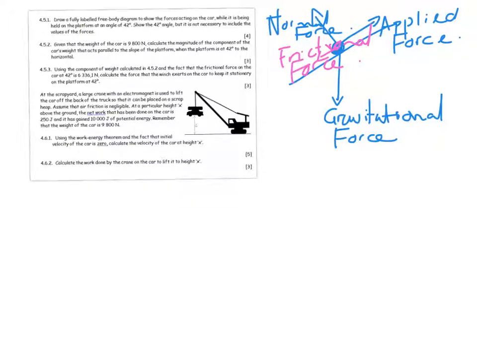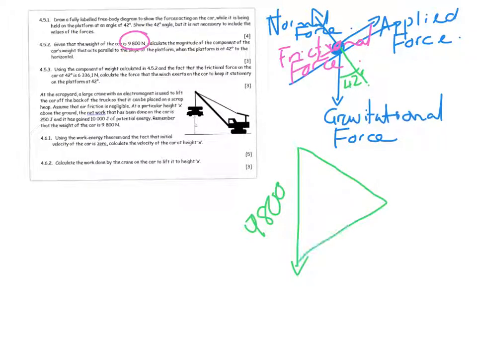Then it says, given that the weight of the car is whatever, oh, and we had to show the 42 degrees, sorry, the 42 degrees is in over there. So this translates into a diagram that looks like this. I've been given a weight, it's 9,800, and I am able to do 2 components, and it's at 90 degrees to one another over there.